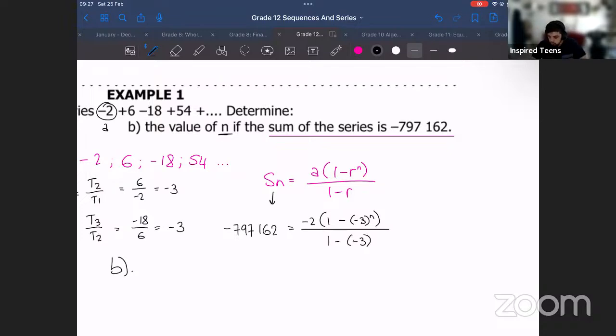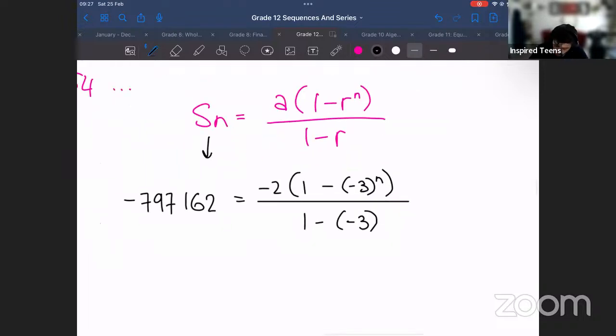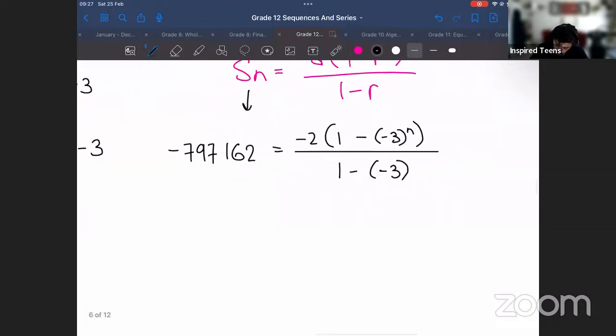Okay, let us do the simplification. Here I get 1 minus -3, I get 4, because you add it. So I'm going to multiply this by 4 and divide it by negative.